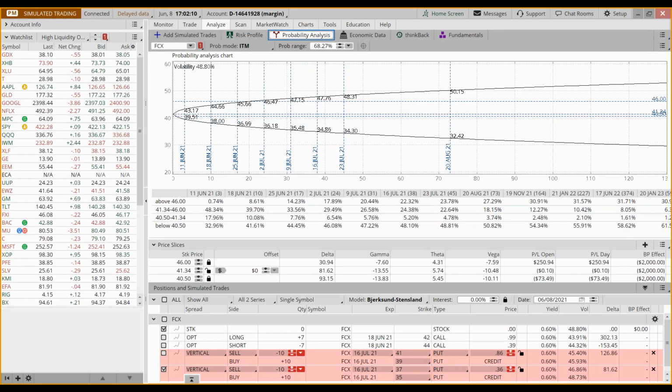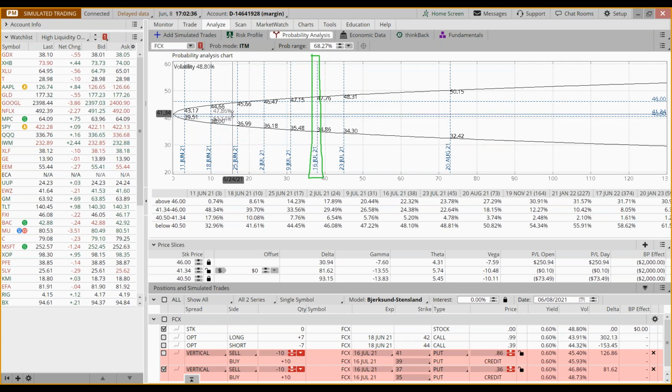If we wanted, we could even come in here and we could look at the probability model. Now this is until July 16th. So you can see on this probability model that July 16th is here.